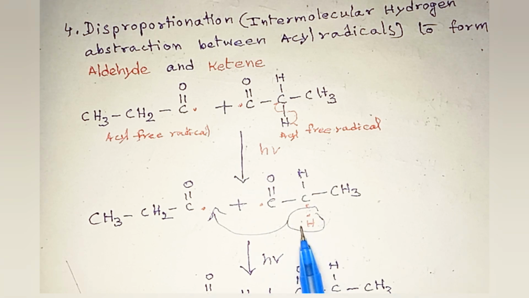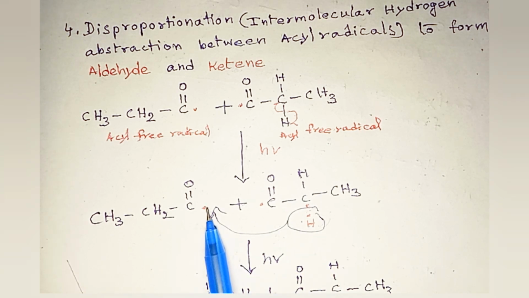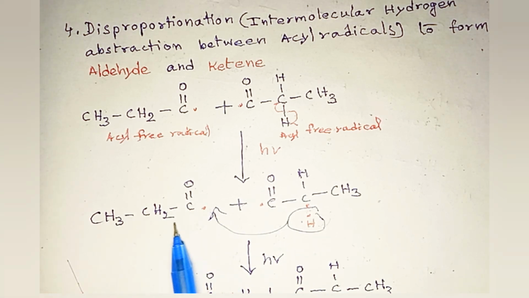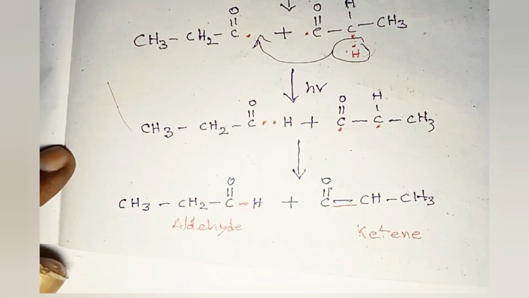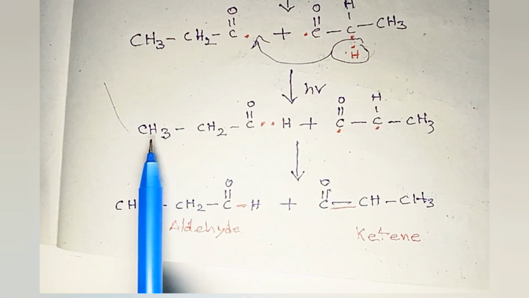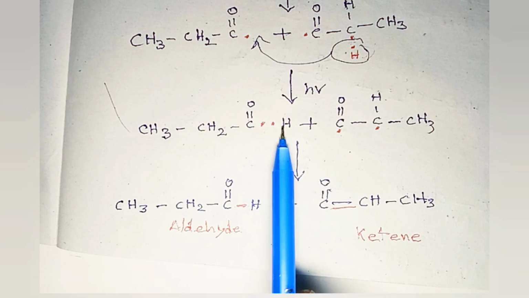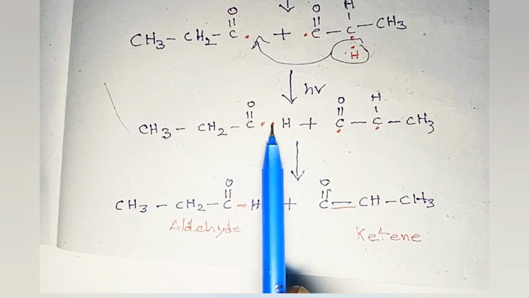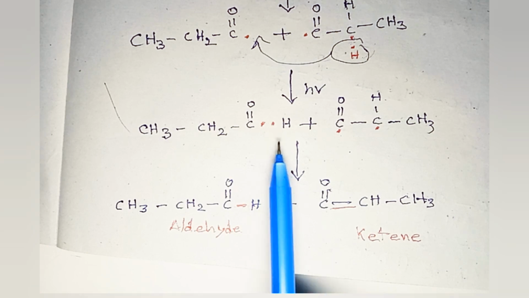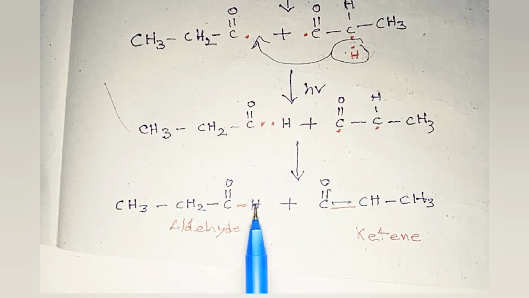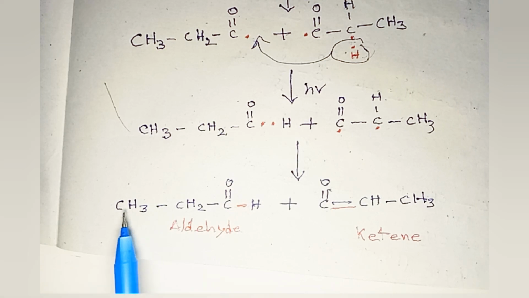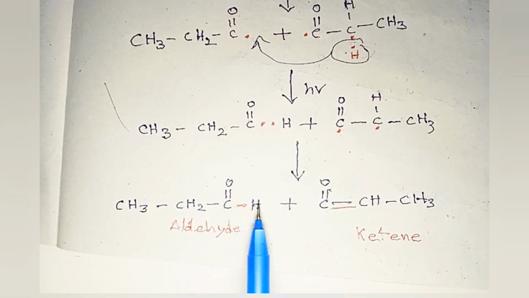This hydrogen along with this radical is abstracted by this carbon atom of this acyl free radical. As a result, CH3, CH2, C double bond O will get hydrogen radical here. Both of them will form a bond, that is an aldehyde, CH3, CH2, CHO, which is an aldehyde.